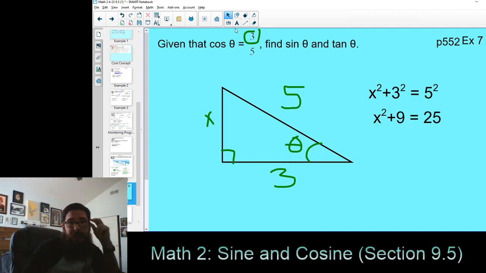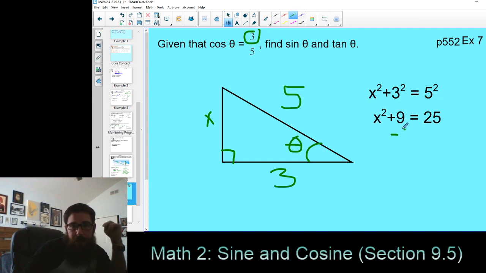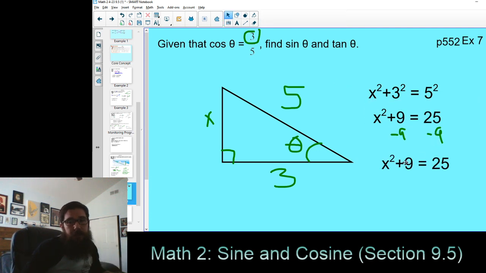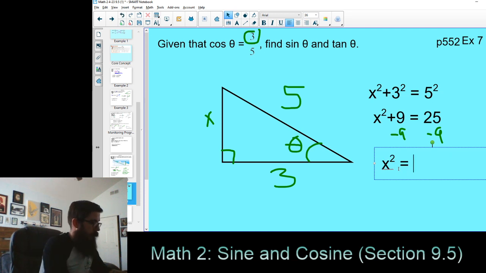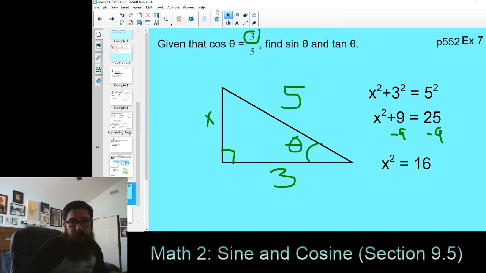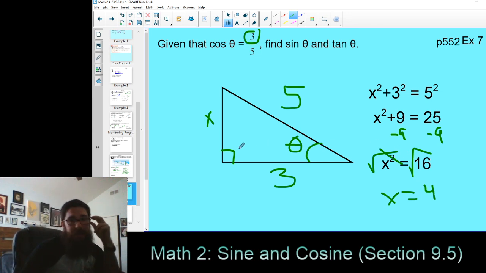If I subtract 9 from both sides, x squared is going to equal 16. Let's take the square root of both sides to get x by itself. x is going to equal 4. We don't have to worry about the negative because it's a side length.